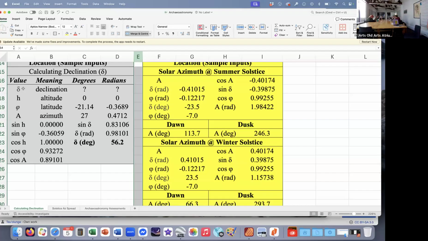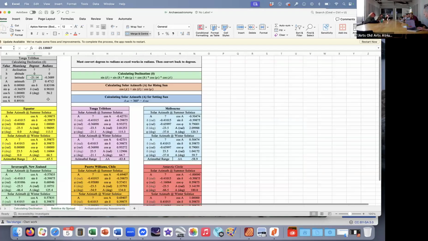With your altitude at 0, it's going to tell you the declination. What you're trying to see is, does the declination that corresponds to that direction match your rising sun? So we've just taken a bearing, an azimuth. We know our latitude. Those numbers are actually right here.